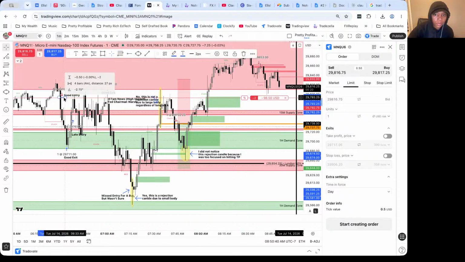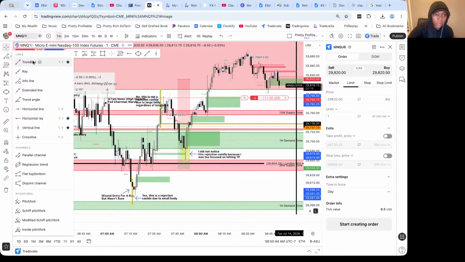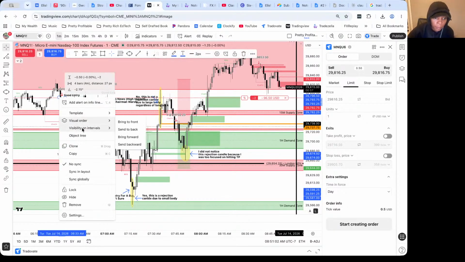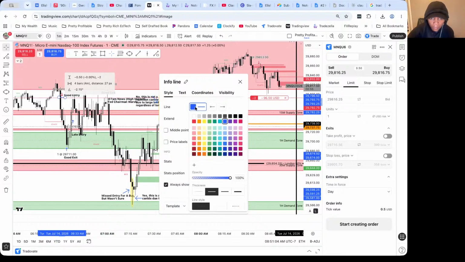So for this info line, trend line is the arrow. I don't need the horizontal line. I want them to be orange.